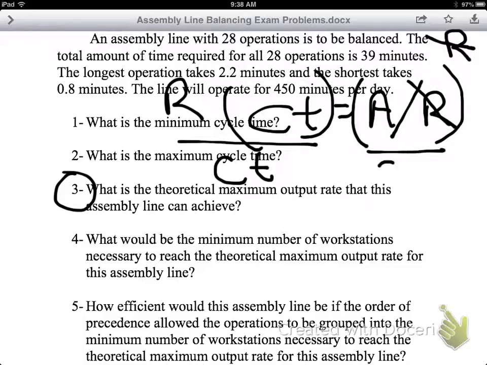We end up with output equals the available time divided by cycle time.